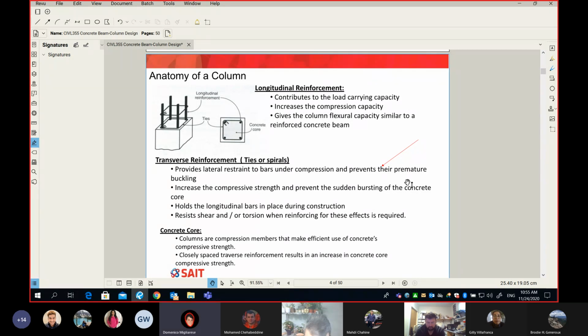From the photo you're showing, it looks like the ties would only prevent it from buckling one way. So are we always assuming that it's always going to buckle towards the outside and not the inside? The inside has a concrete core, and there is no way for the rebar to go.